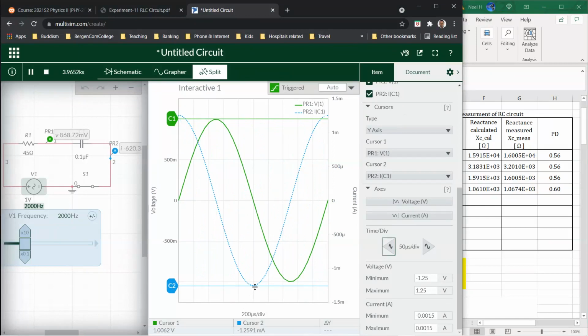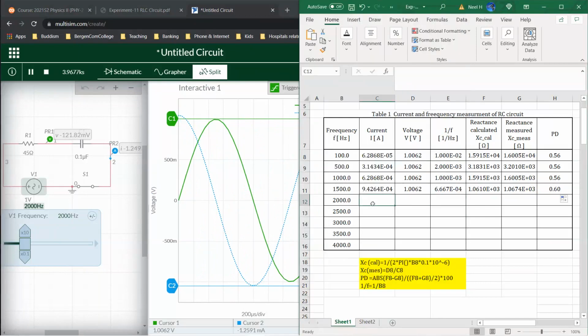That is much easier because I need to put this cursor as close as possible to the max point. Okay, all right, this should be 1.2591 milli, 0.0012591. Voltage remaining the same, and we can click and drag these, it will do the calculation.